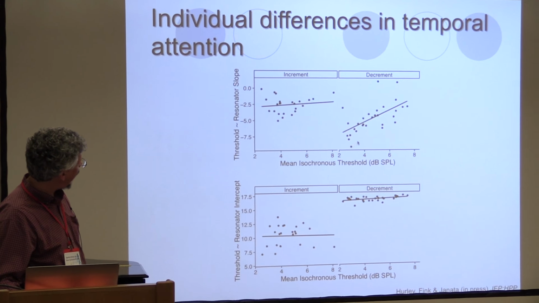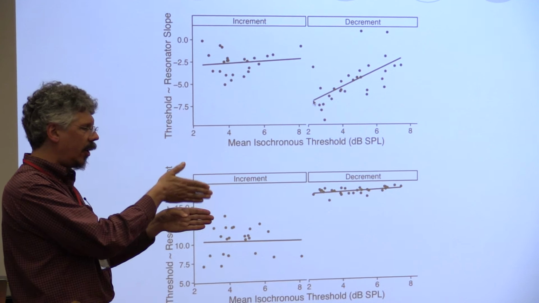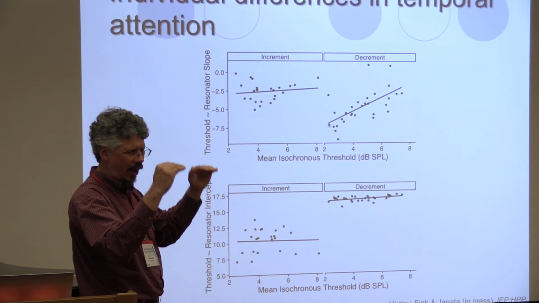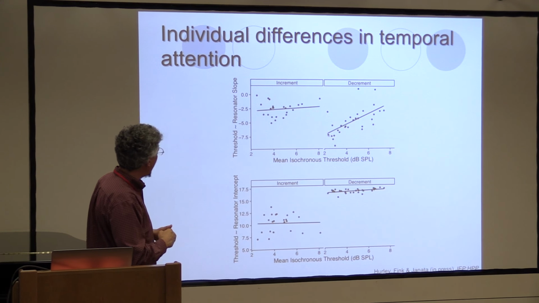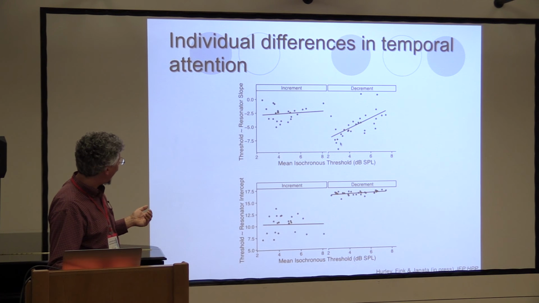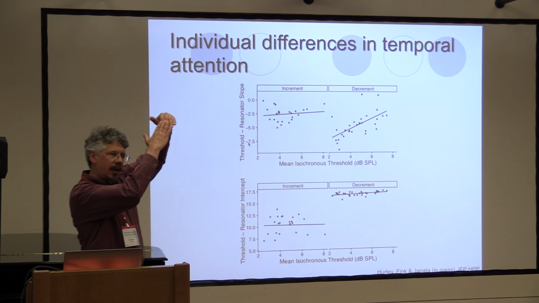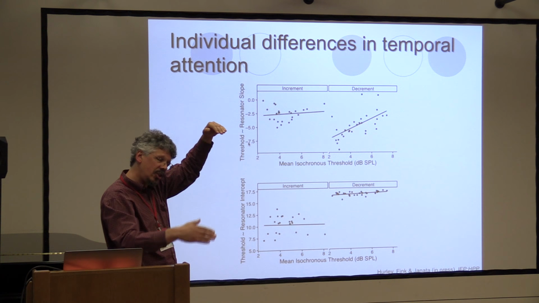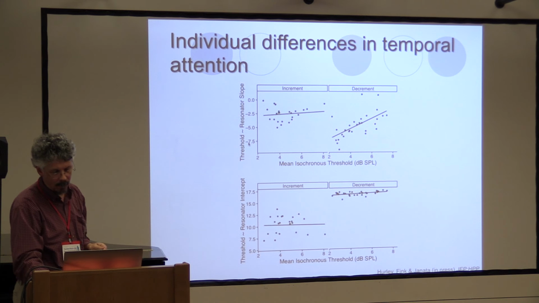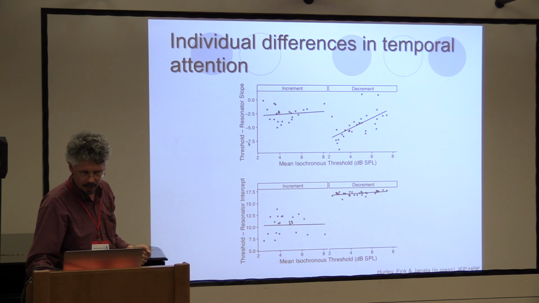And basically there we see this relationship where if we measure people's detection thresholds just for an isochronous single instrument sequence, so basically how good are you at detecting loudness differences, it's those people who are doing well with those types of isochronous stimuli, they show the strongest temporal attention effect. So the strongest relationship between model output and the thresholds.